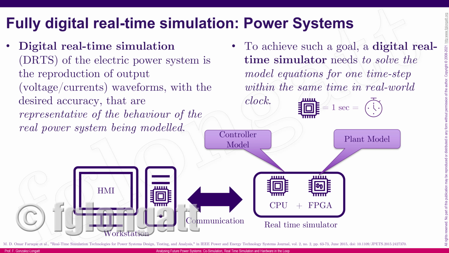And what is digital real-time simulation? I will summarize it in a very simple way: it is solving the differential algebraic model where the time is the same time that we have in real time.